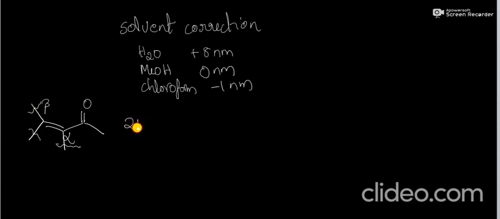So basic value is 215 nanometer. Plus for alpha substituent, for alkyl substituent plus 10 nanometer. Then for beta substituent plus 12 nanometer. So 12 into 2, 24 nanometer. So totally we get 249 nanometer.